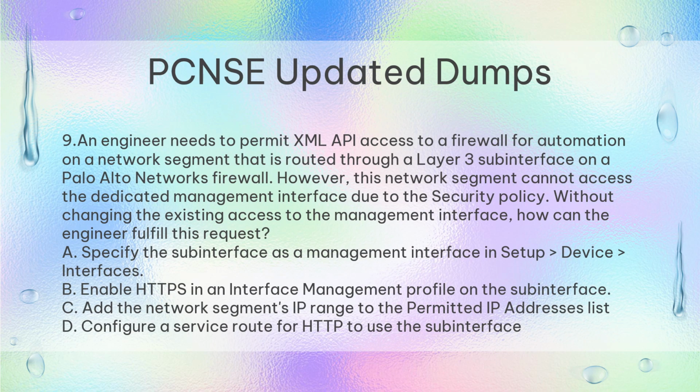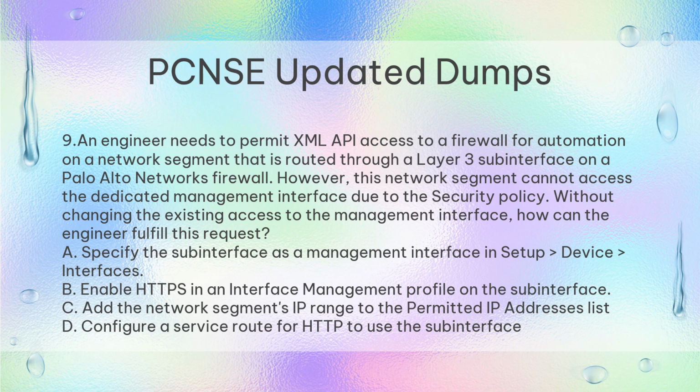9. An engineer needs to permit XML API access to a firewall for automation on a network segment that is routed through a Layer 3 subinterface on a Palo Alto Networks firewall. However, this network segment cannot access the dedicated management interface due to the security policy. Without changing the existing access to the management interface, how can the engineer fulfill this request?